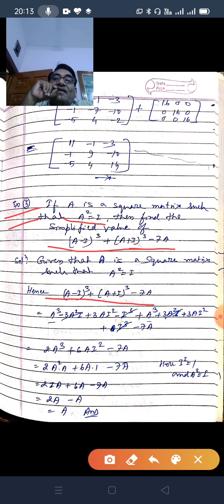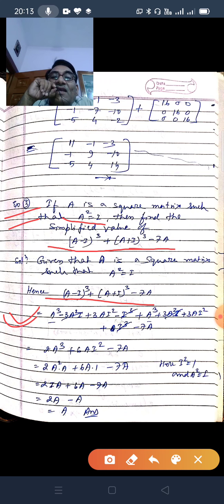Hence, A minus I whole cube plus A plus I whole cube minus 7A. After opening this bracket, A minus I whole cube, we know that A minus B whole cube is A cube minus 3A square B plus 3AB square minus B cube. This formula is applied here, and then the A plus B whole cube formula. Open these brackets.